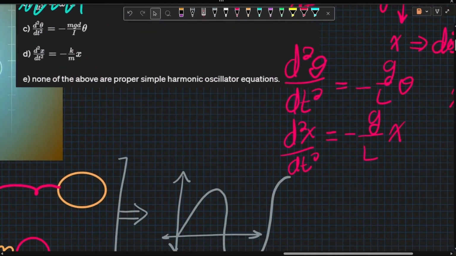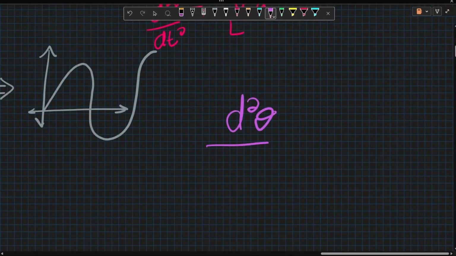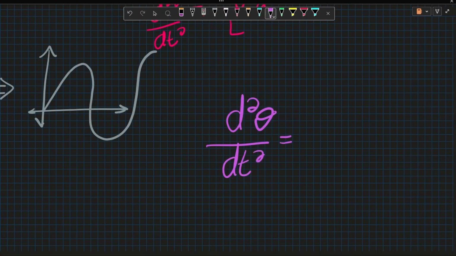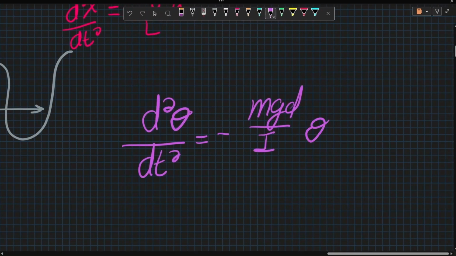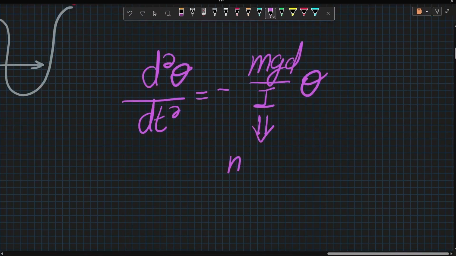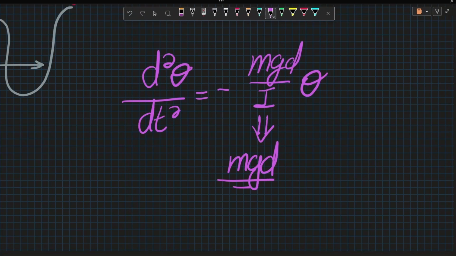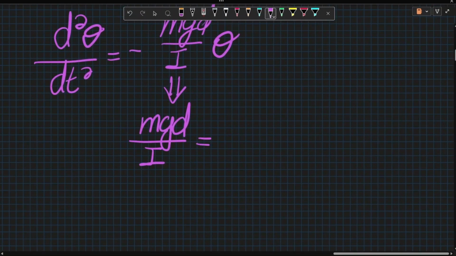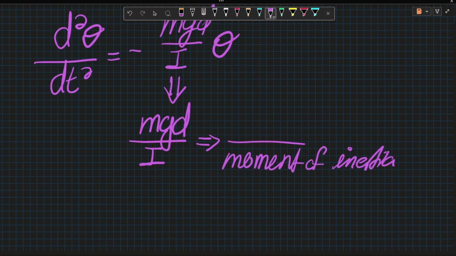For option C, we have d squared theta over dt squared is equal to negative mgd over I times theta. So far, so good. We have the negative sign, some term which can be a function or constant, and we have that spatial variable theta. Now let's test this supposed omega term, mgd over I, where I is the moment of inertia.